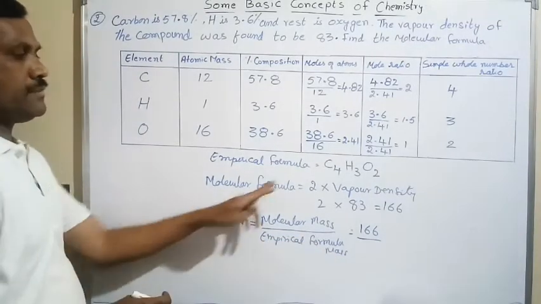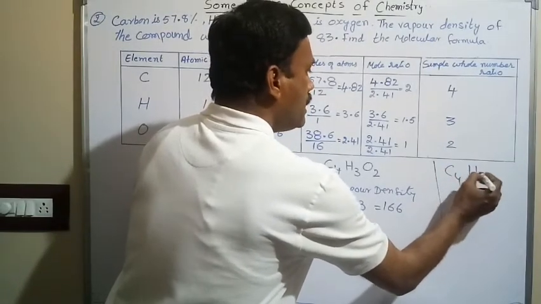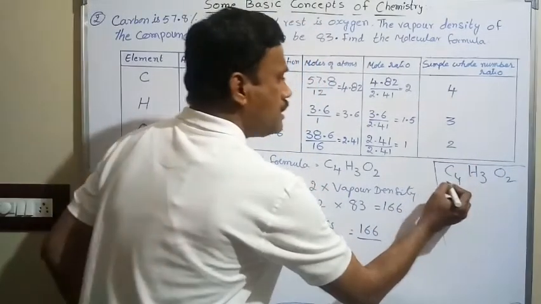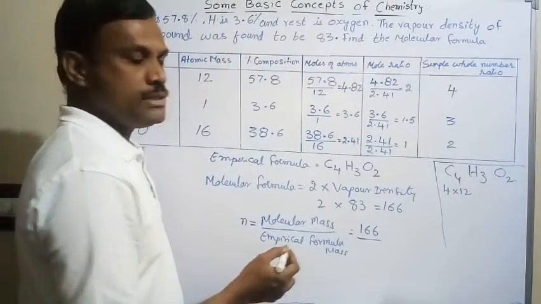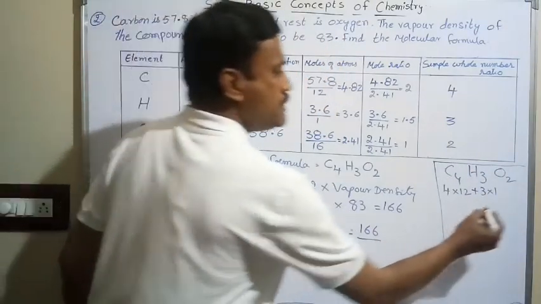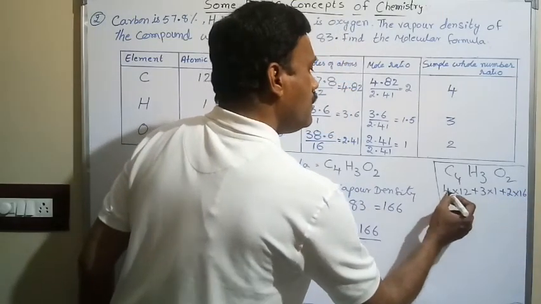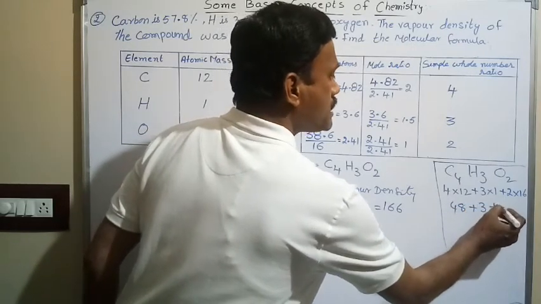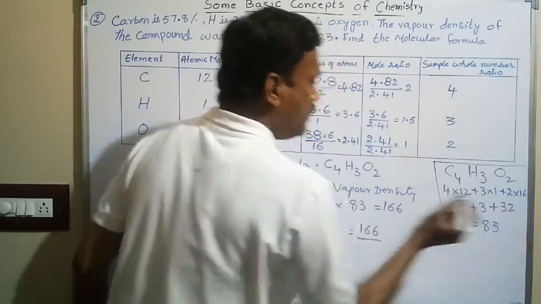The empirical formula is C4H3O2. The empirical formula mass: 4 into 12, the atomic mass of carbon, plus 3 into 1 for hydrogen, plus 2 into 16. So 4 twelves are 48, plus 3, plus 32, gives 83.